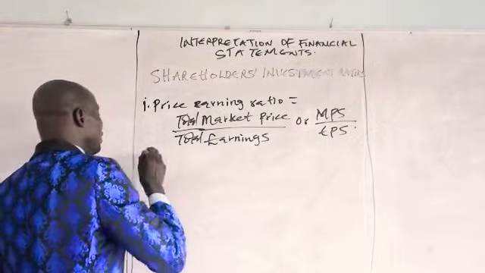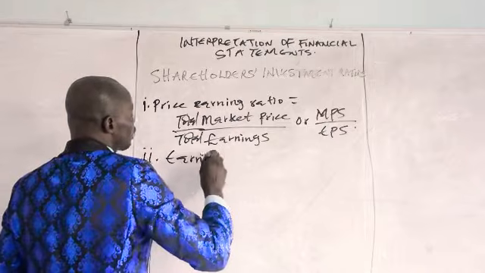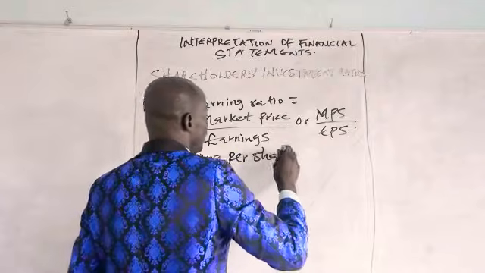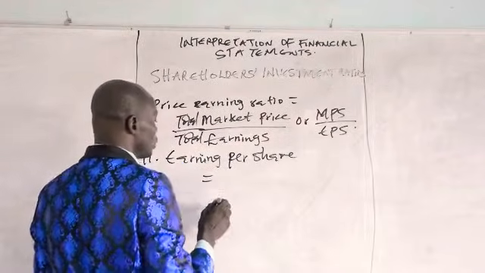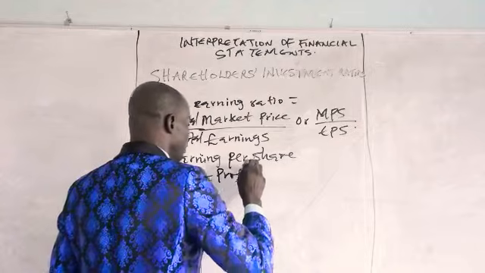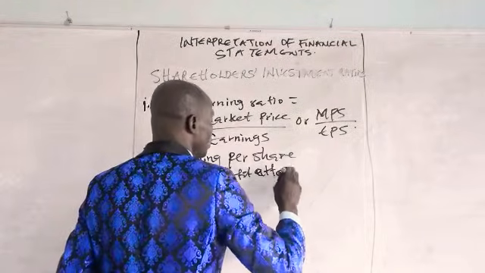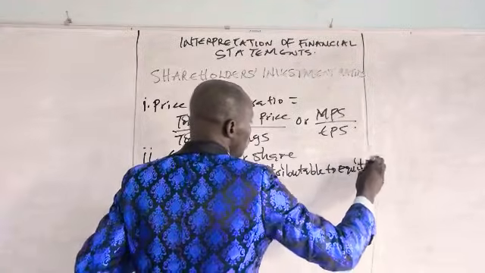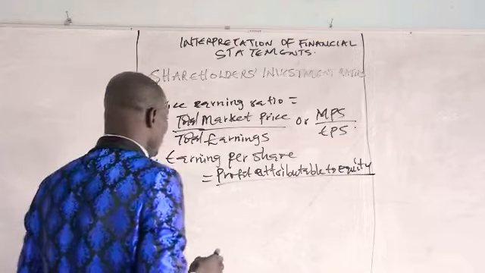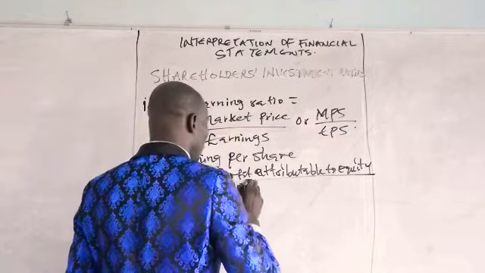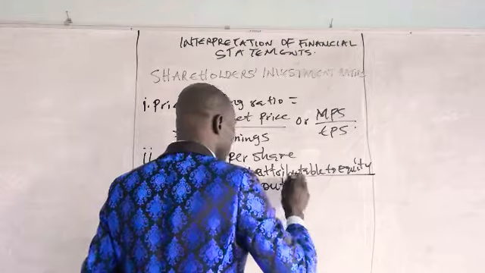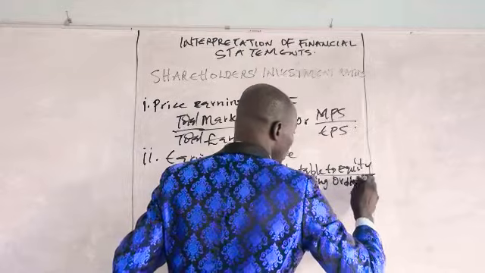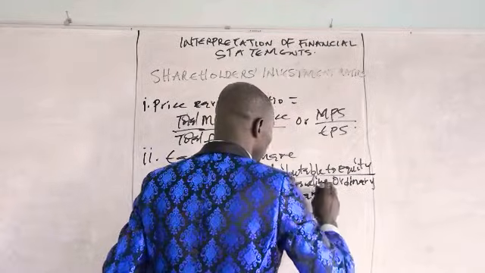Then we also have earning per share, which is covered in IAS 33. Earning per share is profit attributable to equity shareholders over the number of outstanding ordinary shares in issue.